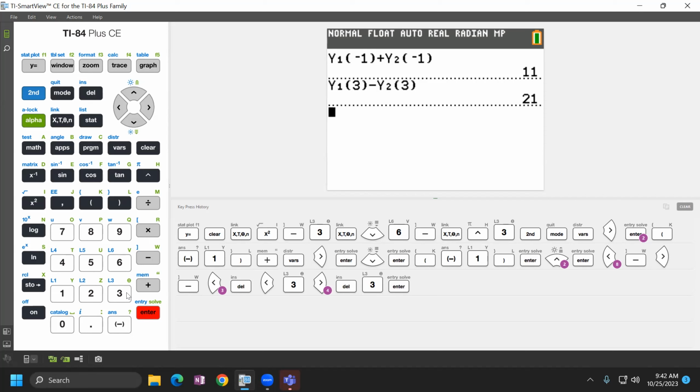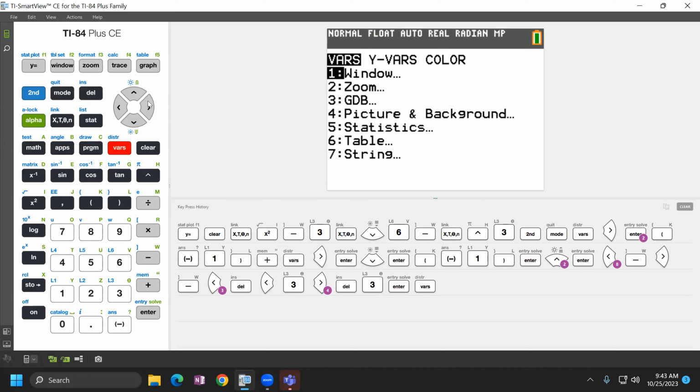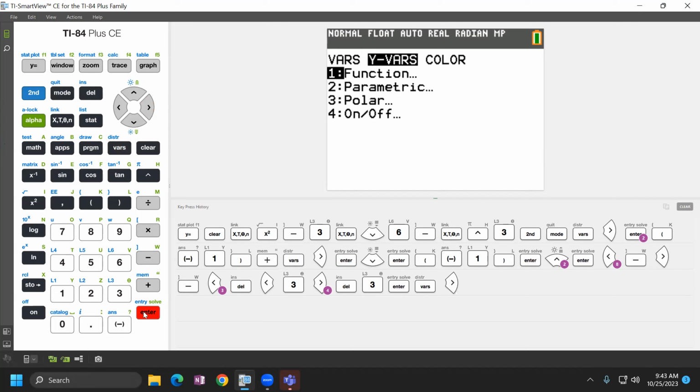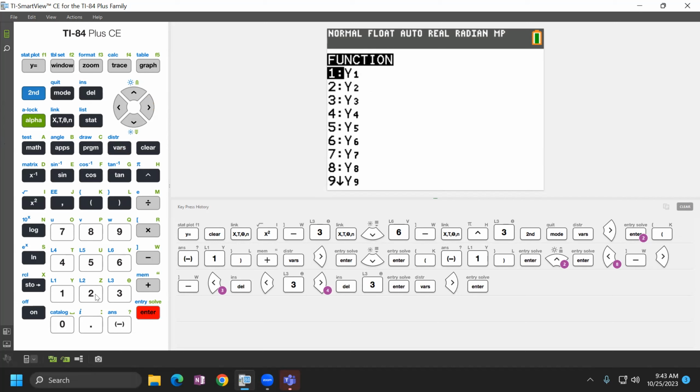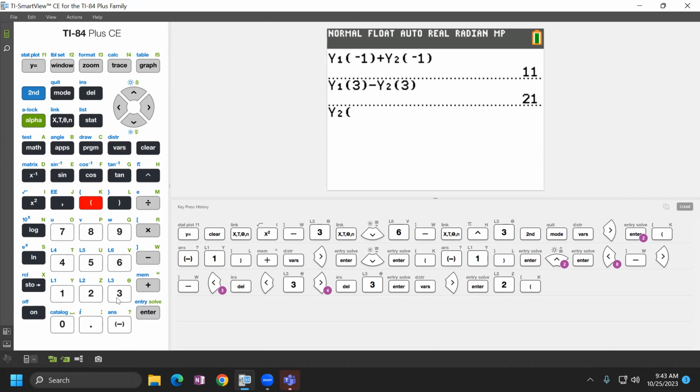Oh, I made a mistake. That's okay. And on your problem, it's actually y2 at 3 minus y1 at 3. It's g minus f of 3. I made this same mistake in my notes. So I'm going to go ahead and do it. Find my variables, my y variables, my y2, evaluate it at 3. See, I tried to take a shortcut and it never works.